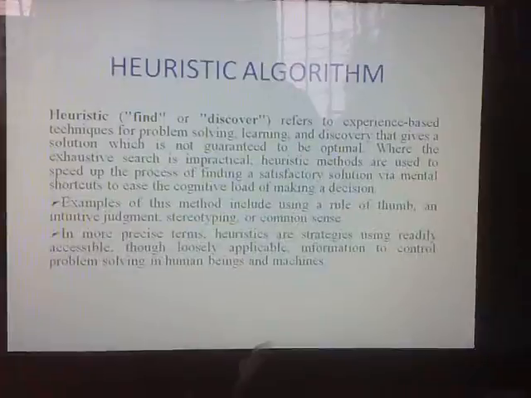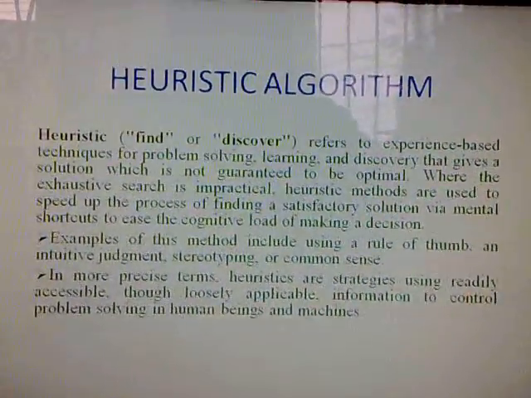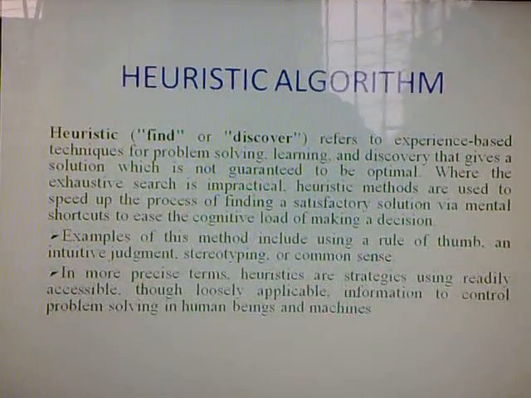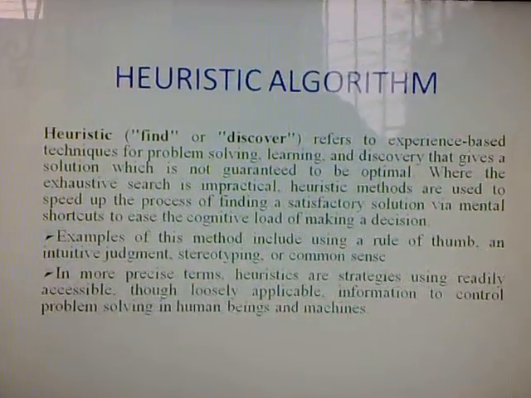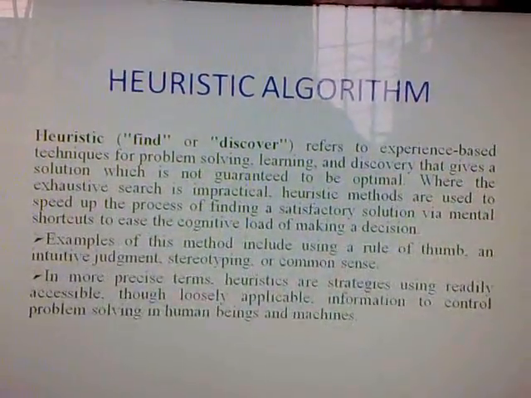Heuristic algorithm definition and example. Heuristic refers to an experience-based technique for solving problems, learning and discovering, that gives a solution which is not guaranteed to be optimal.